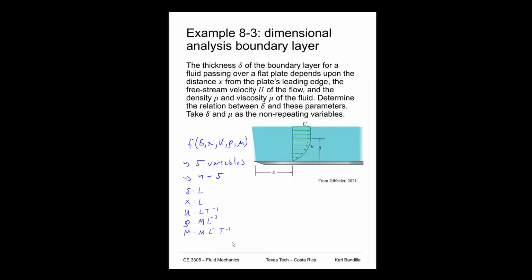That means we have all three of our primary dimensions, so 3 primary dimensions, which means m is equal to 3.